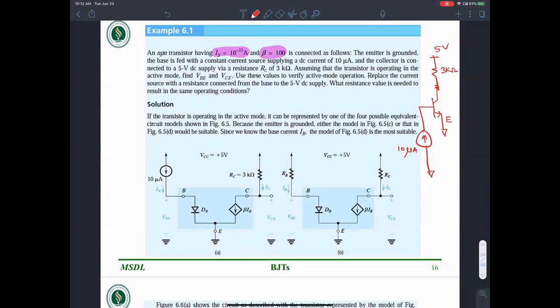Assuming that the transistor is operating in active mode, find VBE. This is the collector, this is the base. You're supposed to find VBE and VCE. Let's see if we can do that.